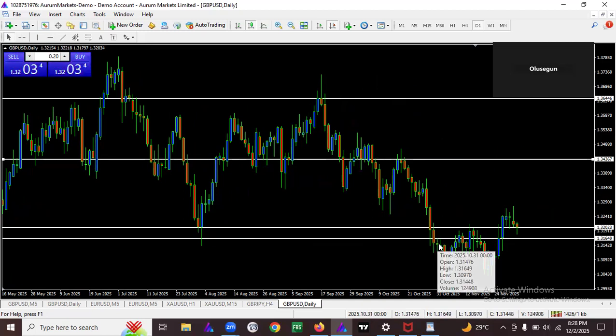After it broke out here, it retested that zone and what? It sold. After it sold here, it went back again at this point and retested that zone. And what? It sold.